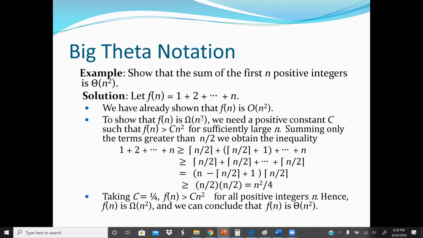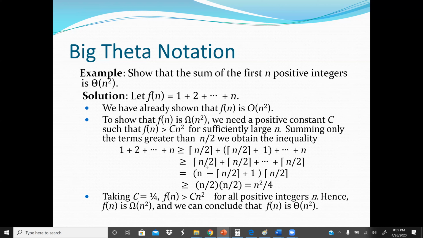And summing only the terms greater than n by 2, we obtain an inequality. So we get 1 plus 2 up to n should be greater than or equal to n divided by 2 plus n divided by 2 plus 1 plus all the way to n.